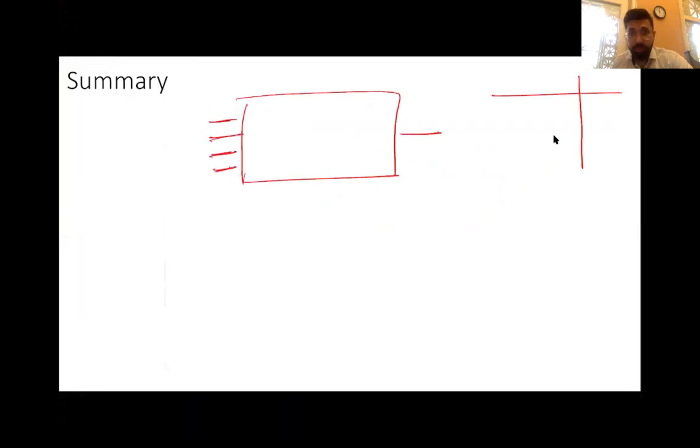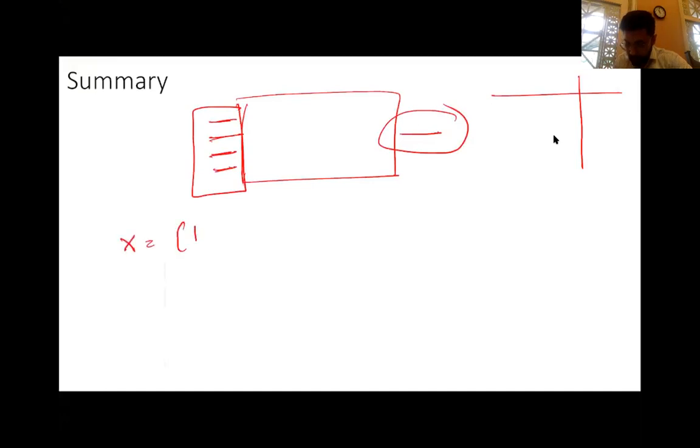The two constraints for my neural network are that the number of inputs has to match the size of my input data, and the number of outputs has to match the size of the given output data. So for example, in this case, let's say X is 2 times 200.